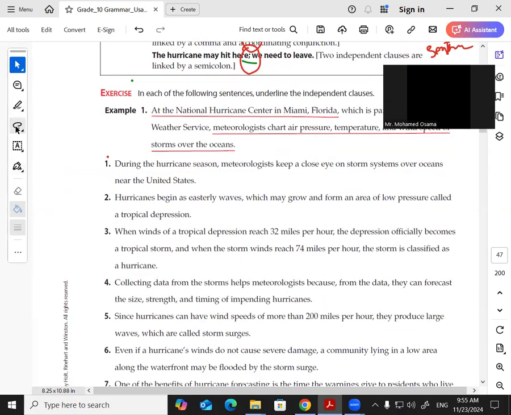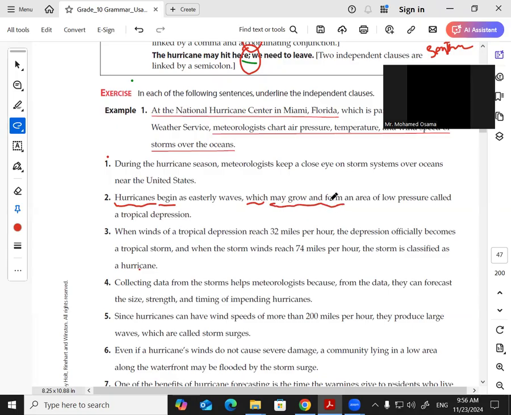Number two: hurricanes begin as easterly waves, which may grow and form an area of low pressure called a tropical depression. Here we have the subject, hurricanes, and this is the verb. Here I got a complete thought: hurricanes begin as easterly waves. After the comma we have which, which is the subject, and I have the verbs may grow and form.